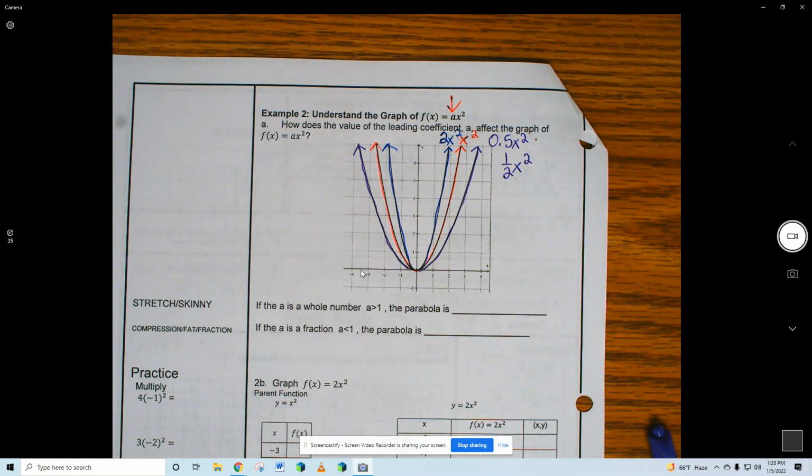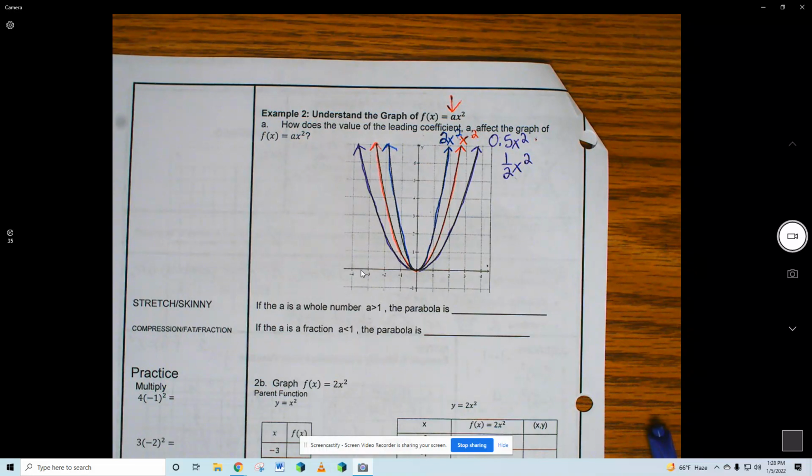So what I did on the board over here is I wrote out what happens. If I have a 2, a 3, or a 4 in front of my x squared, like if the A value is greater than 1, it's going to be a stretch. It's going to get skinnier, more narrow.